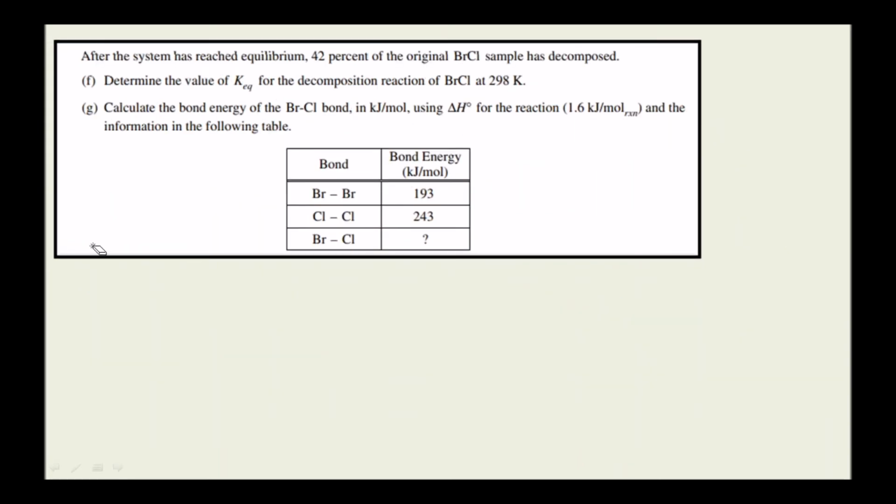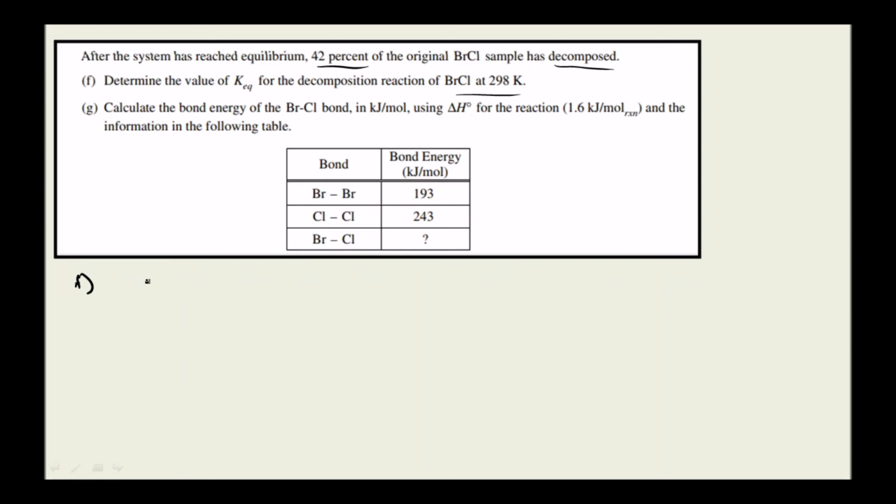Okay, so now the system has reached equilibrium and 42% of the original BrCl has decomposed. So part F asks us to determine the value of the equilibrium constant for the decomposition reaction of BrCl at 298 K. Okay, so we know that we are at equilibrium because it tells us.